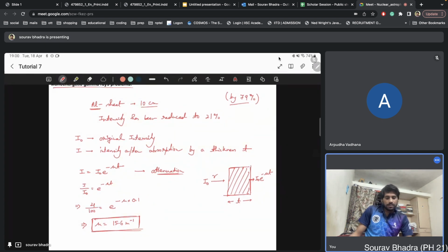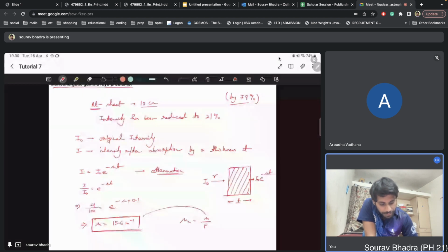This is the linear absorption coefficient, and generally we express this as a mass absorption coefficient. The mass absorption coefficient can be calculated by mu by rho, where mu is this mu and rho is the mass density.